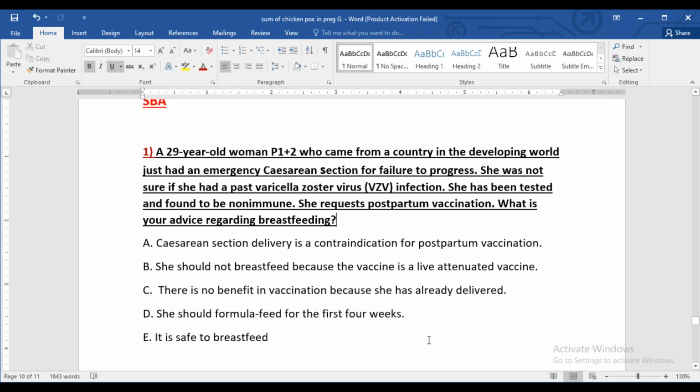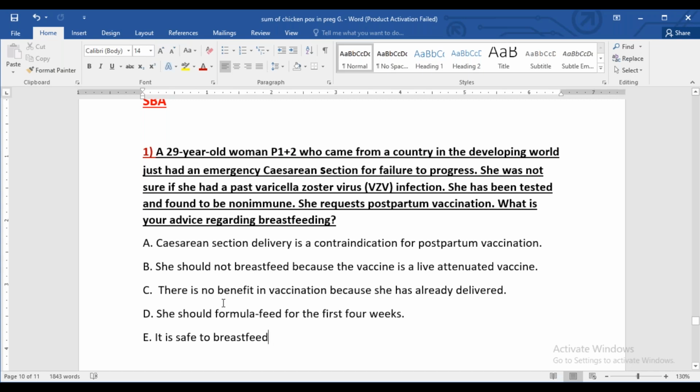What's your answer, doctor? You just pick one and then we will discuss, no worries. I will select B, she should not breastfeed because the vaccine is a live attenuated vaccine.